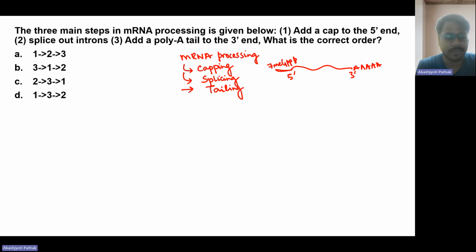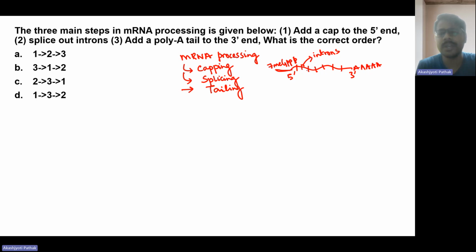One more difference between eukaryotes and prokaryotes is that the mRNA synthesized in eukaryotes has non-coding regions between the coding regions. So there are introns. Introns are the regions which do not code for any protein, and they are intervening regions present between two exons.